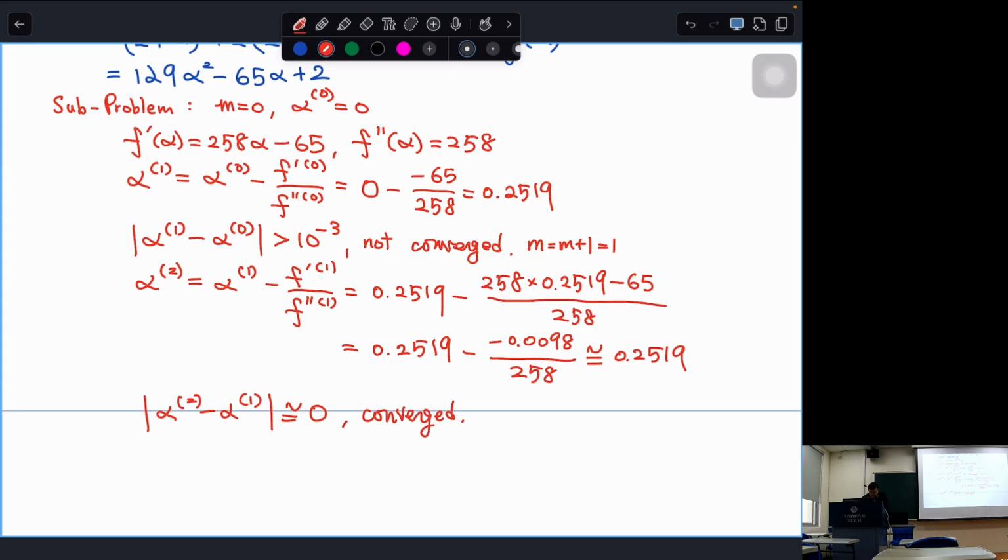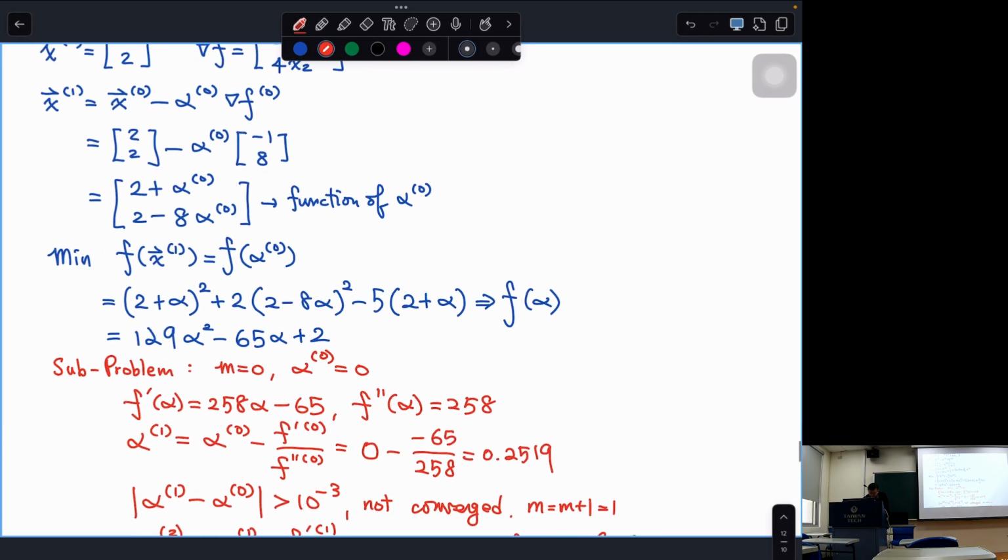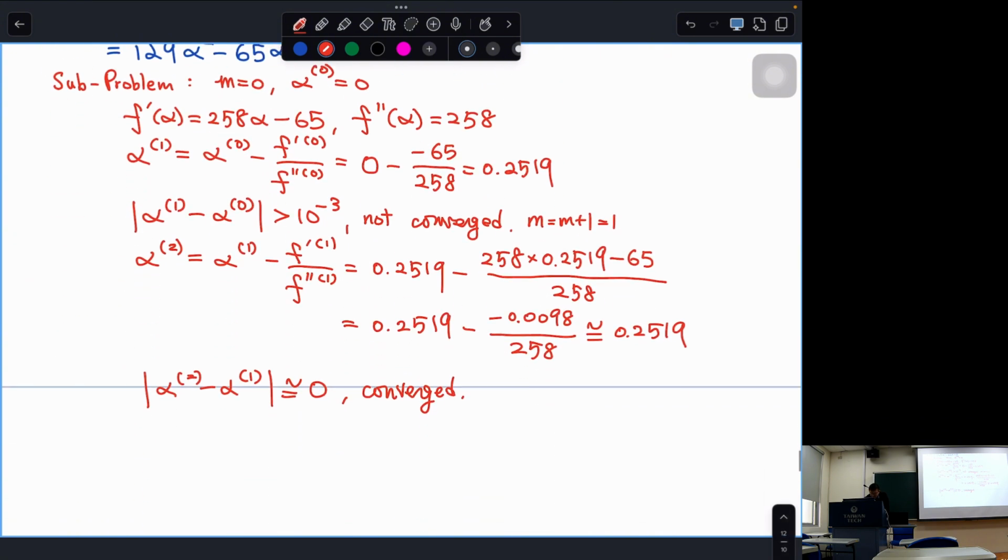Now, my optimal solution, what I was looking for, is this. So in the subproblem, my optimal alpha is 0.2519. So I will update back to the main problem.